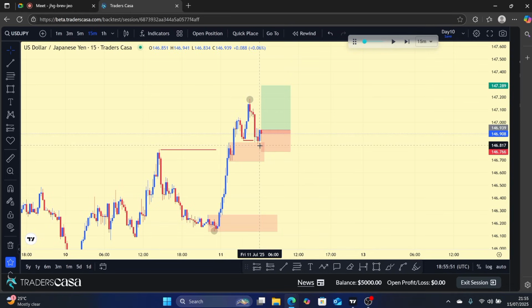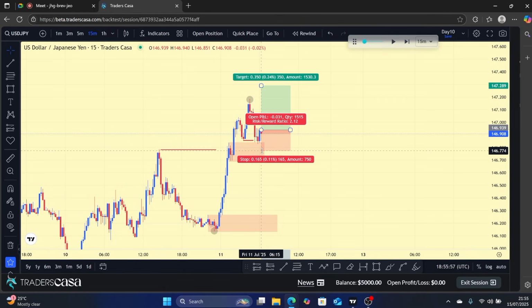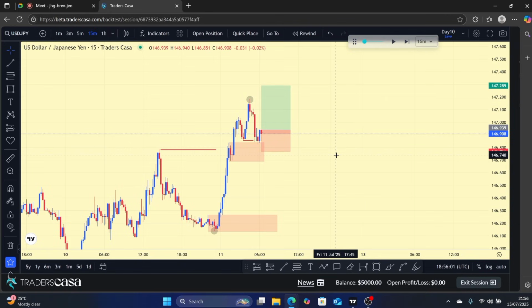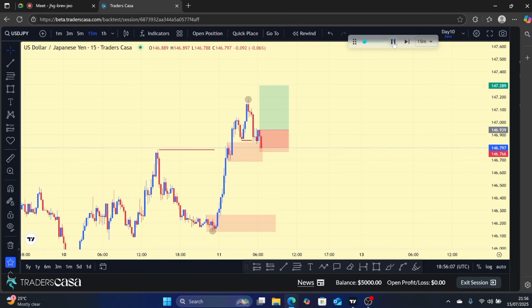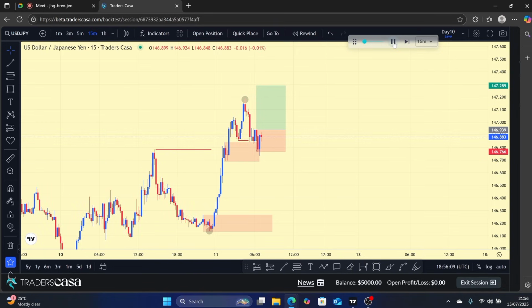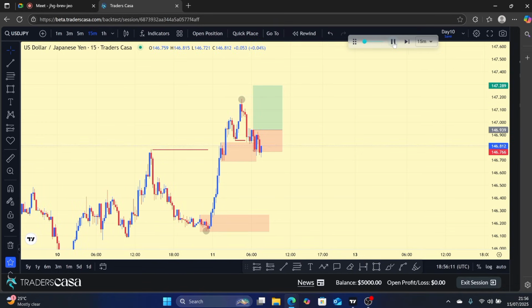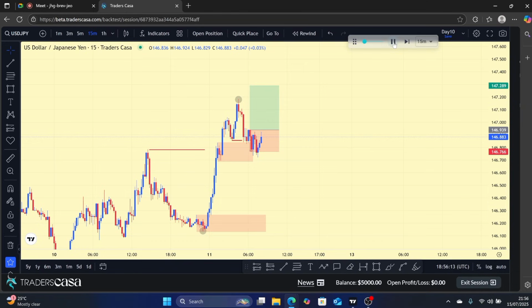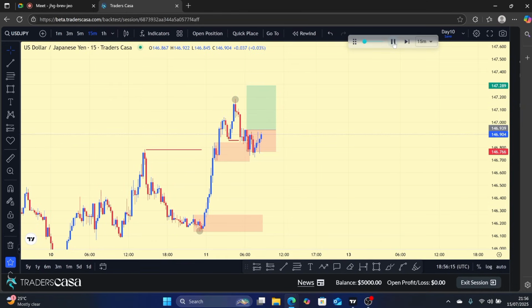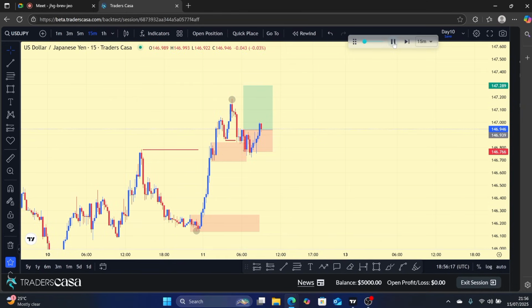Stop loss, I wouldn't recommend you placing the stop loss exactly at the low of this candle. I wouldn't recommend that. Just place your stop loss a few pips below there, because of the sweeps and whatever. So then after that you can clearly see price did that, and then later, all right, exactly.